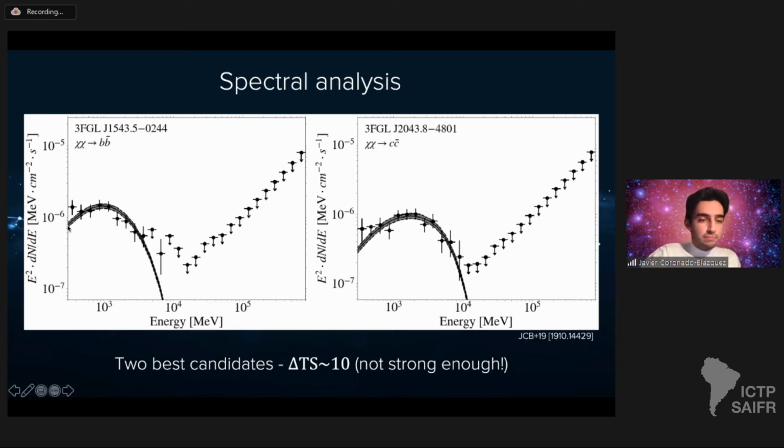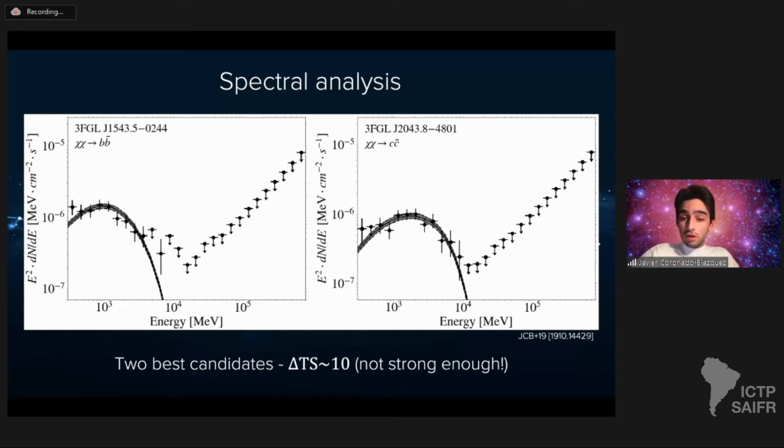The line here with the uncertainty is the dark matter best-fit spectrum, here annihilating to b quarks and here to charm quarks. And as you can see, it follows very, very well the data of the Fermi-LAT. So yes, a preference, but not strong enough.